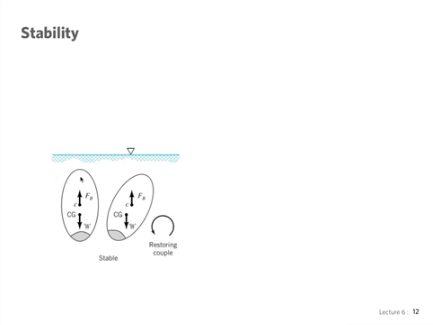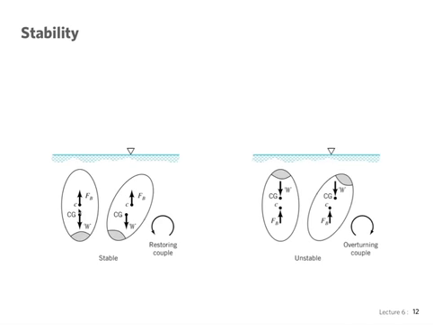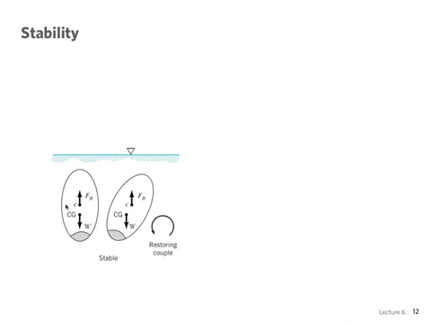So if this is equilibrium and we rotate the object a little bit, we want to see whether the torque that is generated restores the object to its previous position or moves it away. So in this case, we take this sort of egg-shaped object that is heavier at the bottom, so that the center of gravity falls below the center of buoyancy. The center of buoyancy is the point of action of the buoyancy force, which is located at the volumetric center.